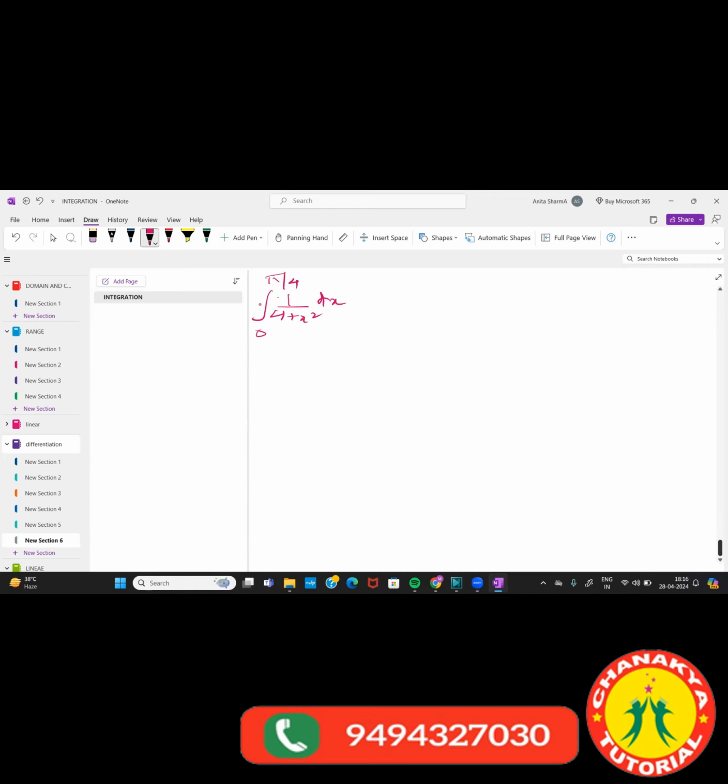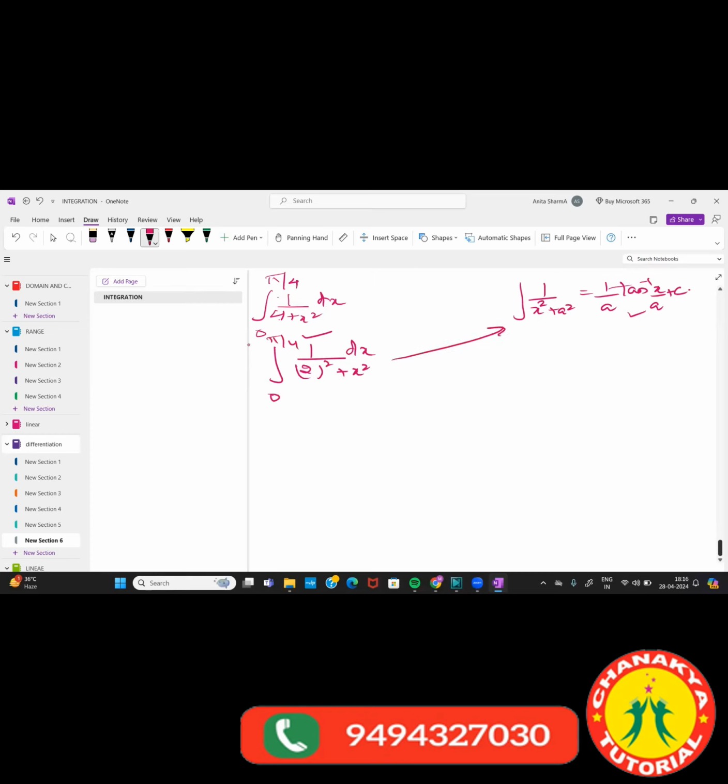Ma'am, I'll try. Do you remember this formula I have told you? That 1 upon x square plus a square is given, then you will write 1 upon a tan inverse x upon a plus c. This formula here you will apply. Okay? Now say 4. You can write 4 as 2 square plus x square dx. Right, beta?